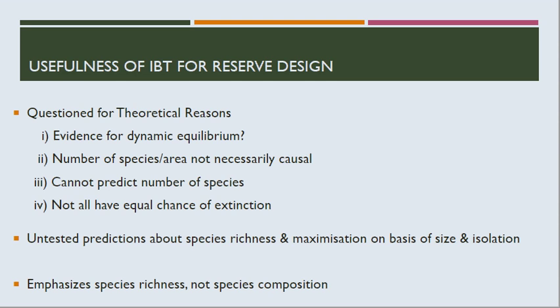When it comes to land use, there are many different users of the land, and therefore quite often conservation tends to be relegated to a part of the landscape which nobody else wants. And that was certainly the case for Yosemite National Park, and also for Yellowstone National Park as well. But having said that, IBT is very useful for the reasons that we've got here on this slide.